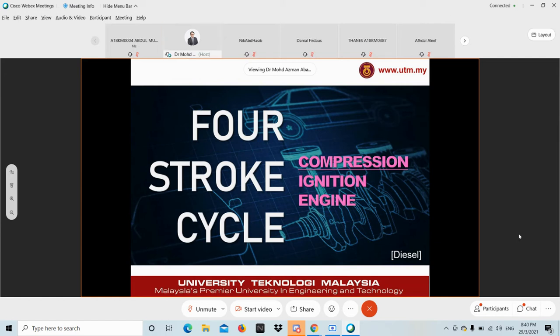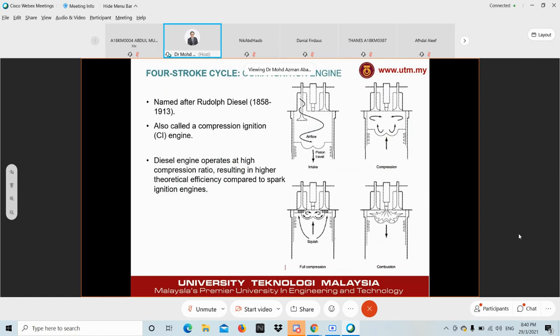So okay, can we move on to the next topic, which is compression ignition engine, or CI engine, or diesel engine. So a little bit on compression ignition engine. Of course, developed by Mr. Rudolf Diesel, died in 1913.